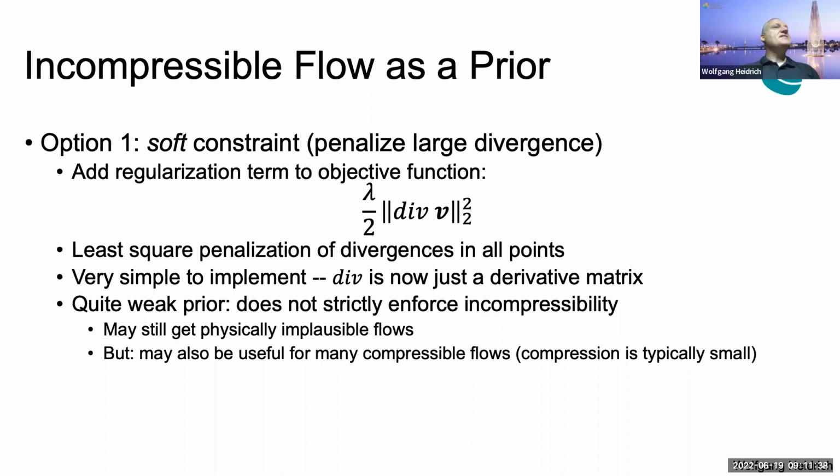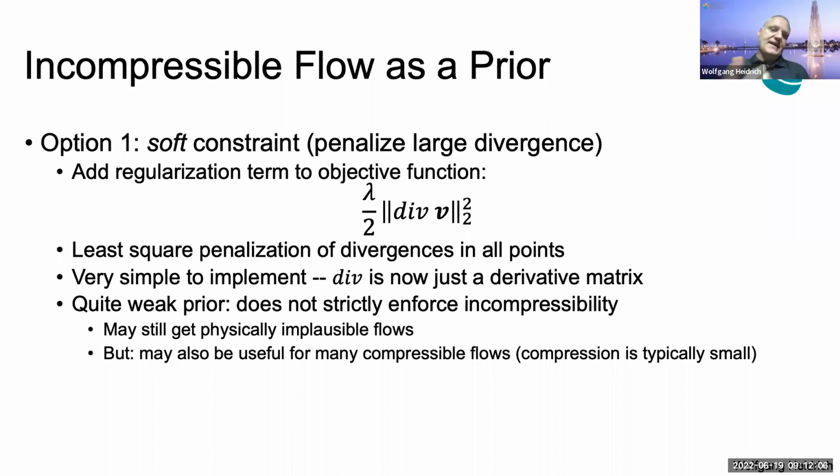And so we basically have two ways of using this information. There's one very straightforward way, which is to just take the divergence, which is a linear operator, and add it as a regularization term to your optimization with a least square penalty. And then this will basically be a soft constraint where you say, okay, my fluid is mostly incompressible, and it will tend to be incompressible.